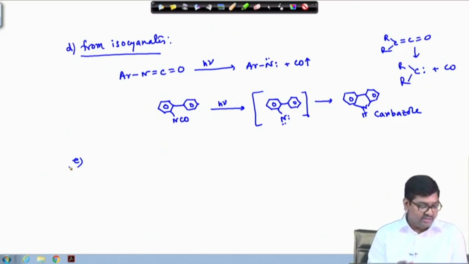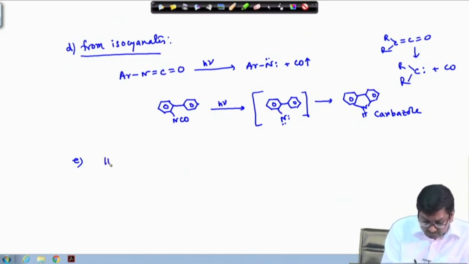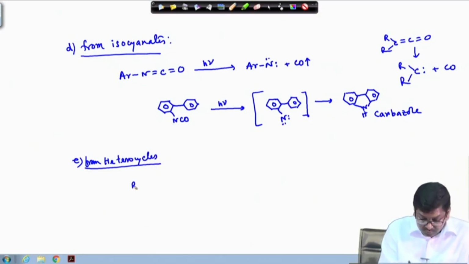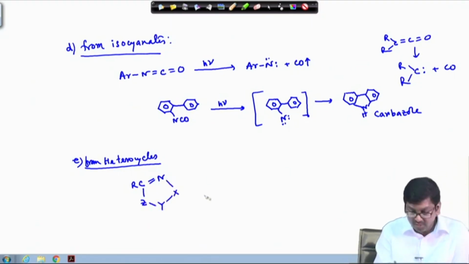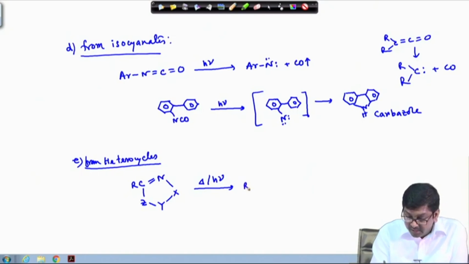As for example, if we take these heterocycles, so from heterocycles, take this heterocycle, okay, under thermal or photochemical irradiations, this can again eliminate a small molecule and give the required nitrene species.